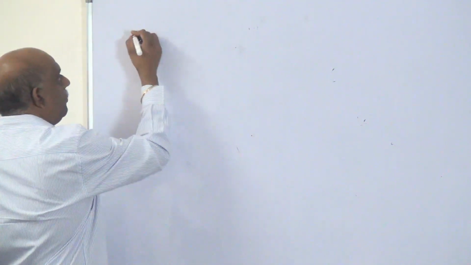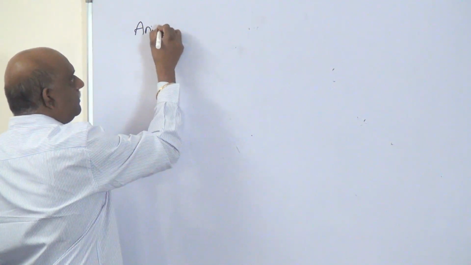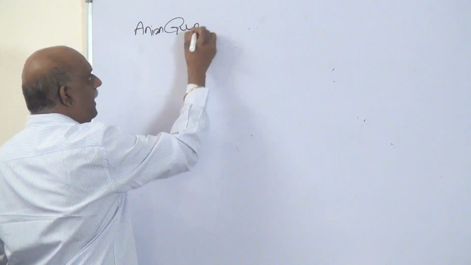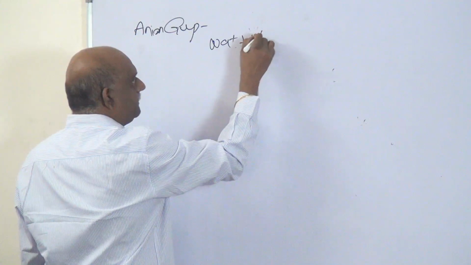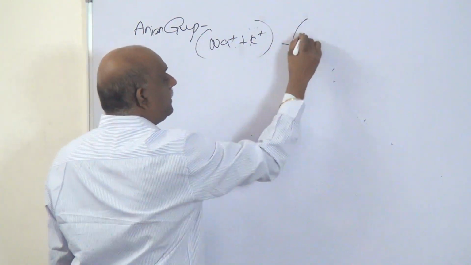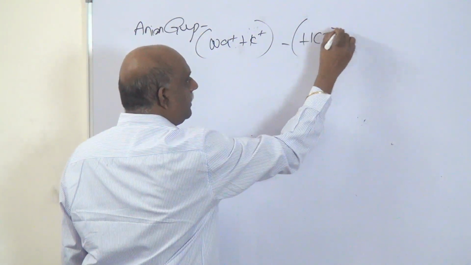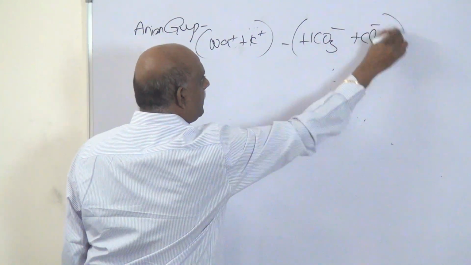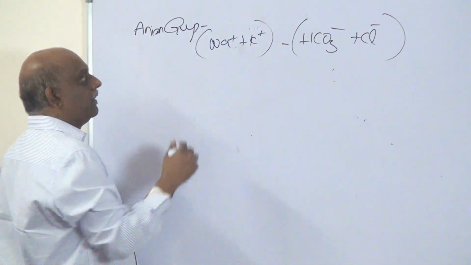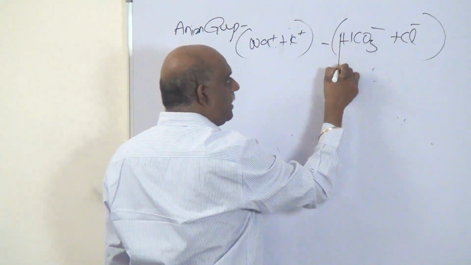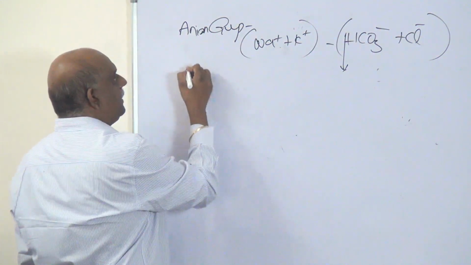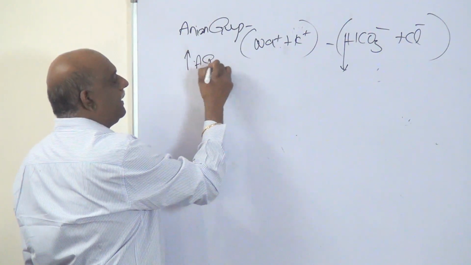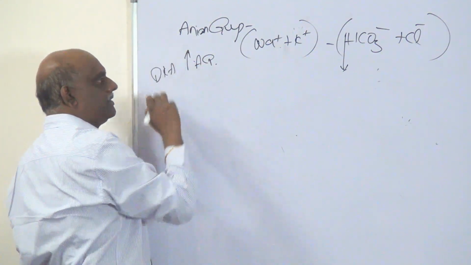So a quick review for you. What is anion gap? Sodium plus potassium minus bicarb plus chloride. Suppose only bicarbonate decreases, then the anion gap will be increased, like in diabetic ketoacidosis.